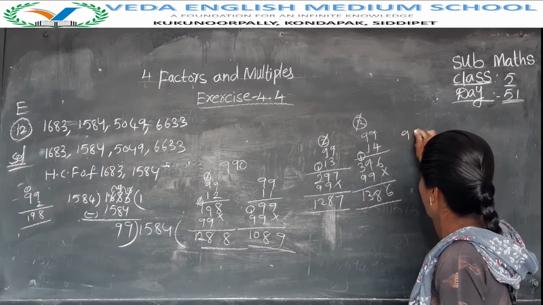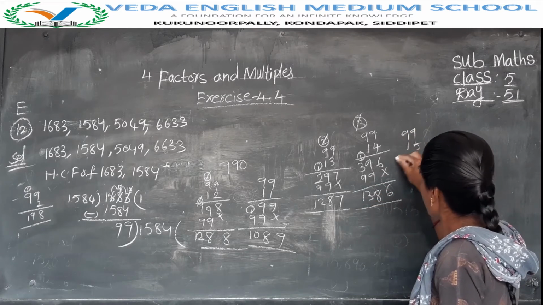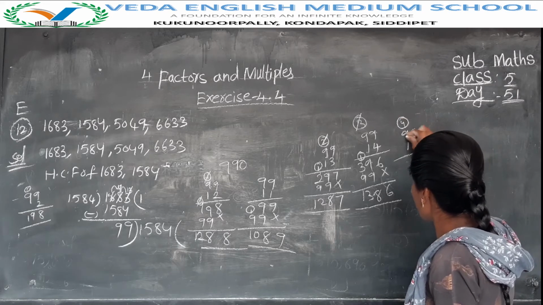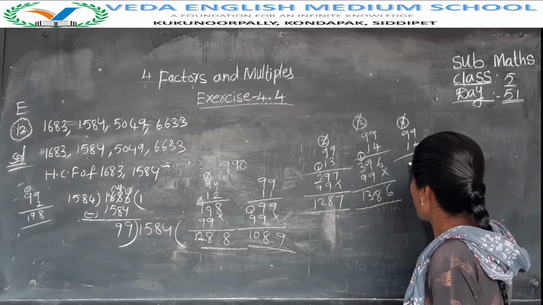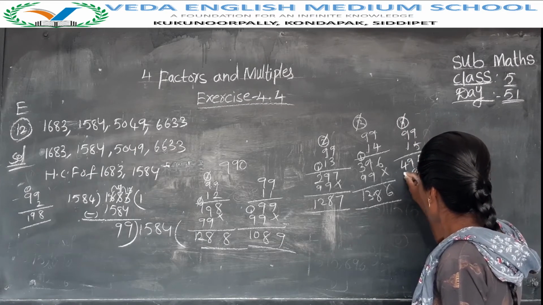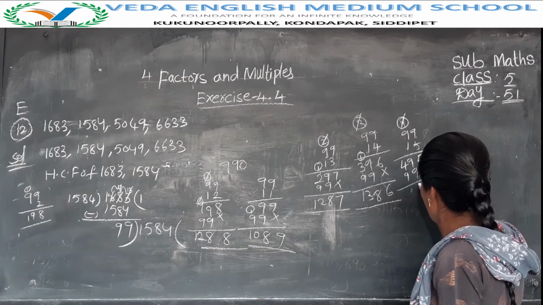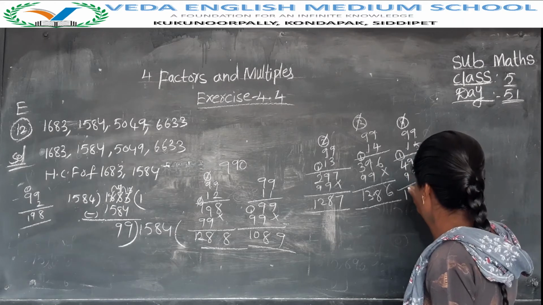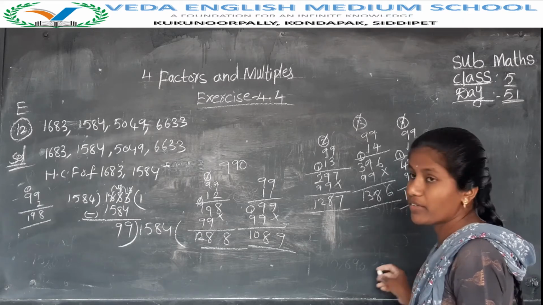Next 99 15s are 5 9s are 45, 45 plus 4 49, 1 9s are 9, 9 plus 9 18, 9 plus 1 10, 10 plus 4 14, 1485.